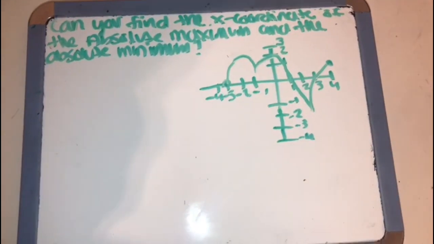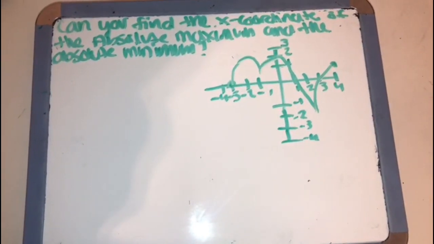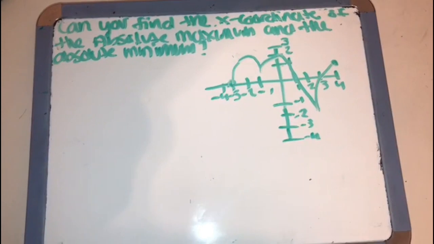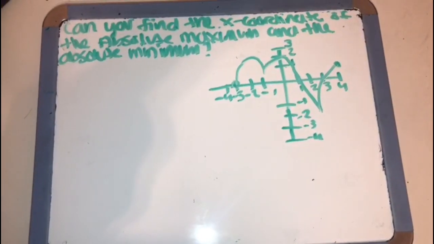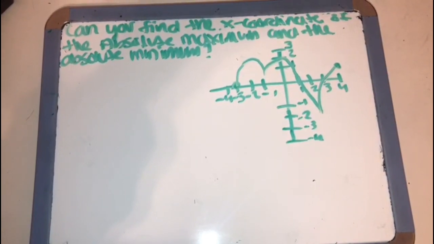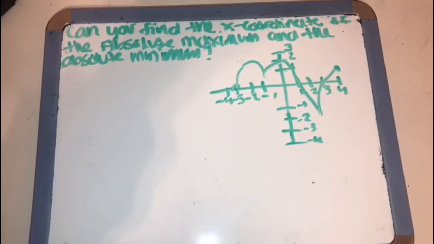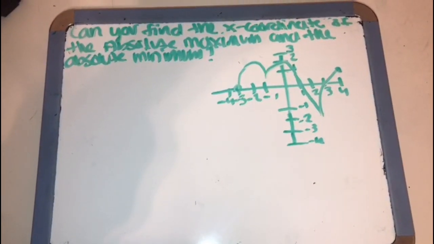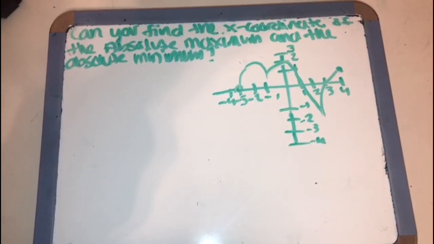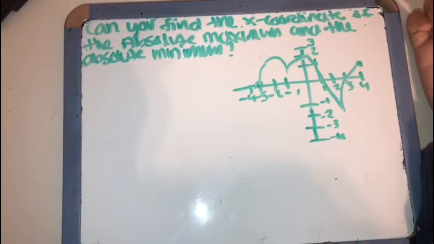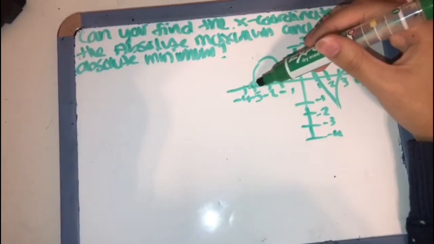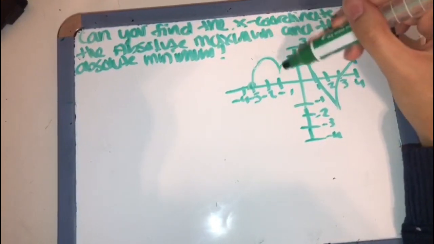Alright, so this is the verbal portion of the GNAW problem. Let's start with this question. Can you find the x coordinate of the absolute maximum and the absolute minimum? Well, let's solve this. What we have here is a lot of ups and downs.